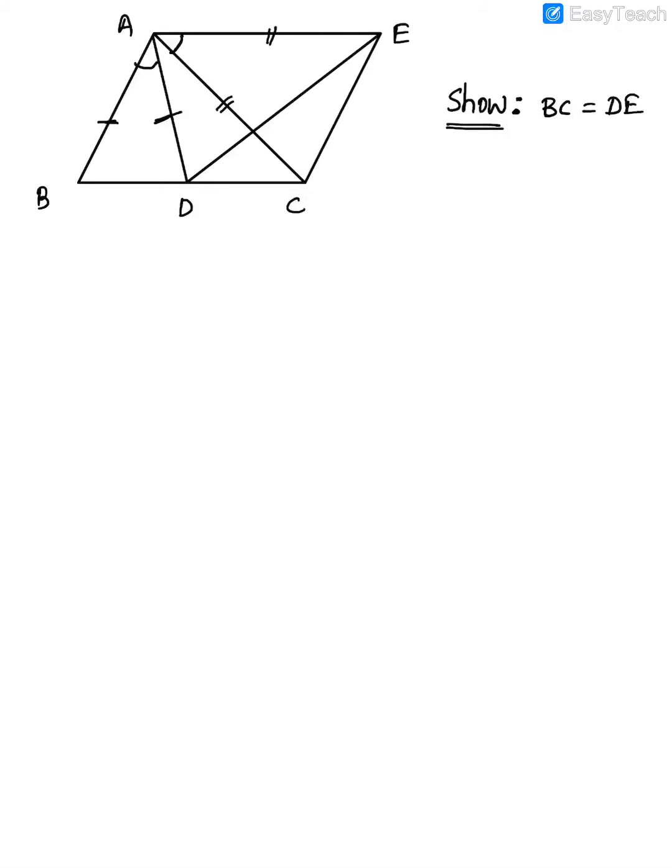Now they are not asked which triangles to prove congruent in this sum. So that also we'll have to figure out on our own, which two triangles are congruent. But obviously those triangles should have BC and DE also. I'll just try to mark it out here, label it over here, which two triangles we should consider. So you want to take BC in your triangle.